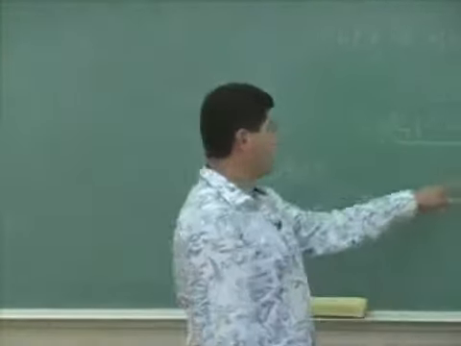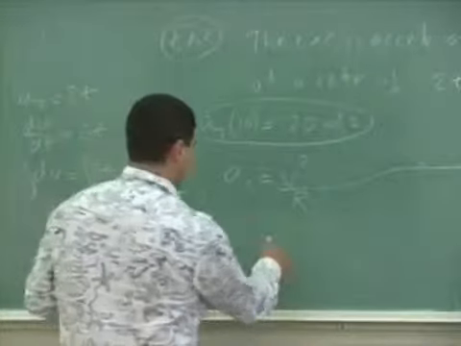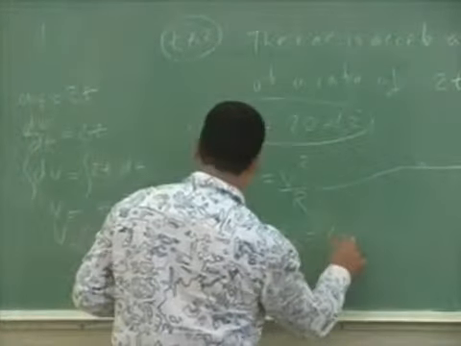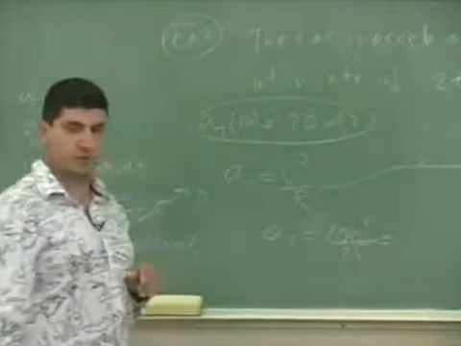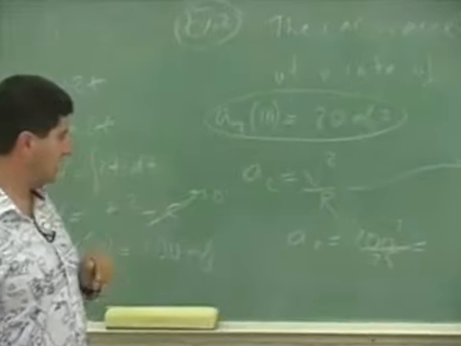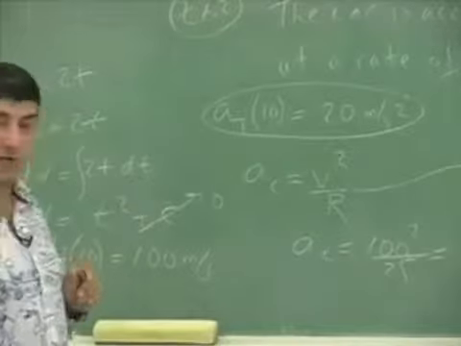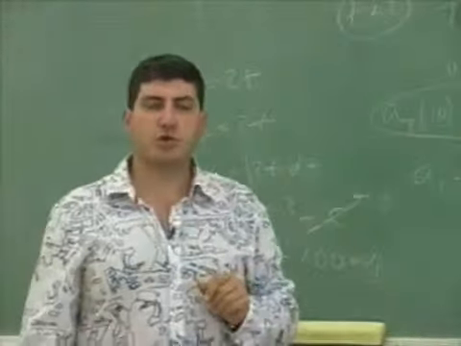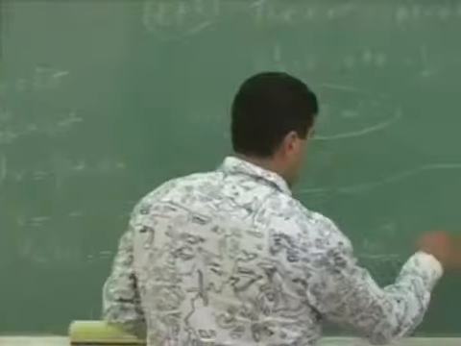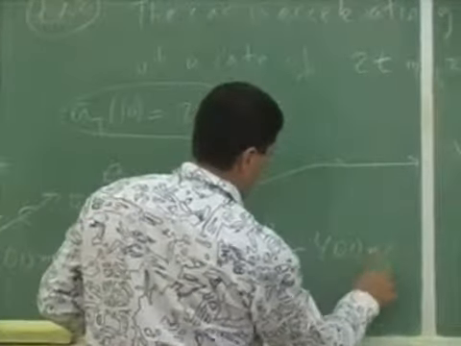And now you take that, you square it, you divide it by r. That's going to be a huge number, huh? It's going to be 4 times 100, 400. The A centripetal is huge. 400 meters per second squared.